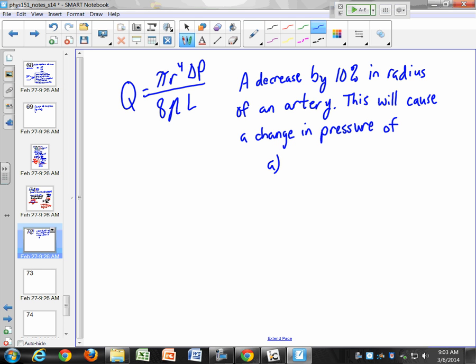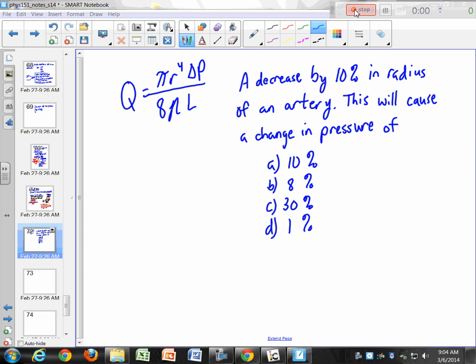Is it A, 10%, 8%, 30%, or 1%? Right, so I have this artery. I have a decrease by 10% in the radius because of some blockage within the artery. How does that affect the pressure? Does it change it by 10%, 8%, 30%, or 1%?